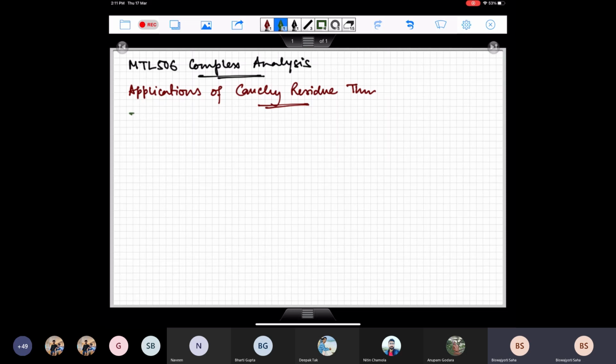So the curves that I want to talk about are called Jordan curves. So what are Jordan curves? Of course we had taken smooth, piecewise smooth curves. So here Jordan curves are non-self-intersecting closed curves.